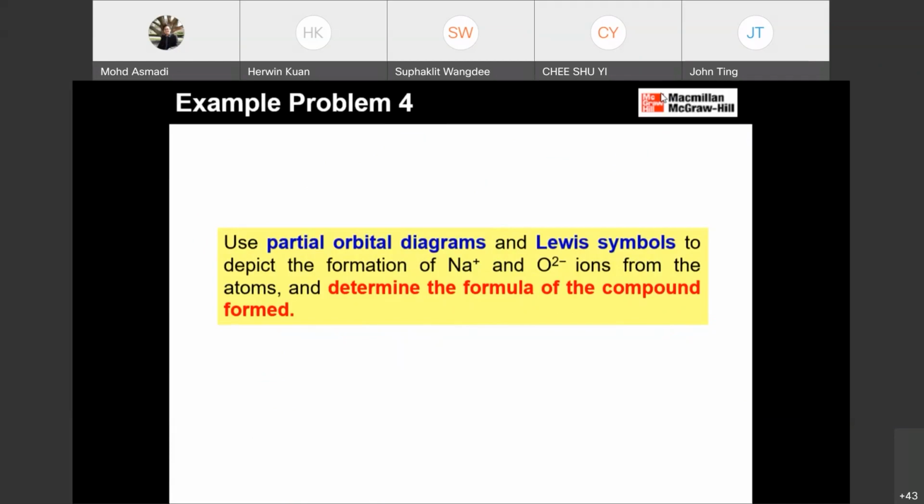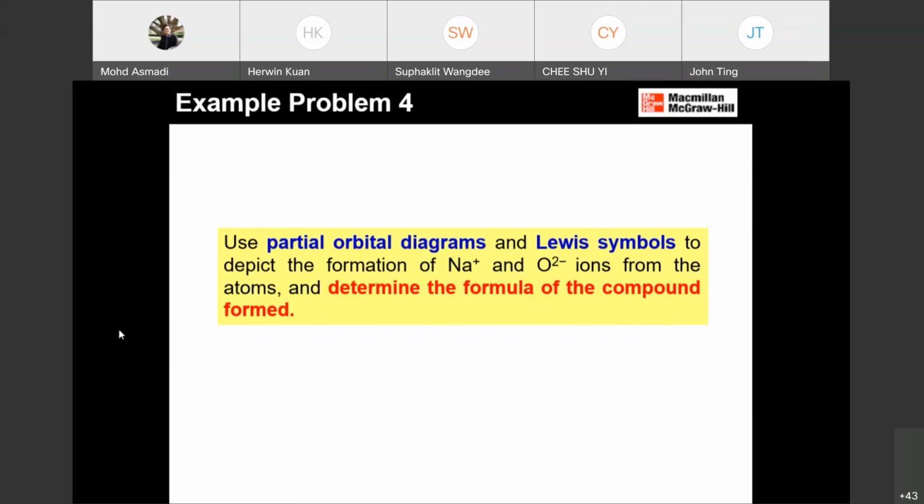But how about the partial orbital diagram? You just give the orbital diagram for Na plus and O2 minus, right? So I think you should start from the beginning, starting from Na and also oxygen, for the partial orbital diagram.